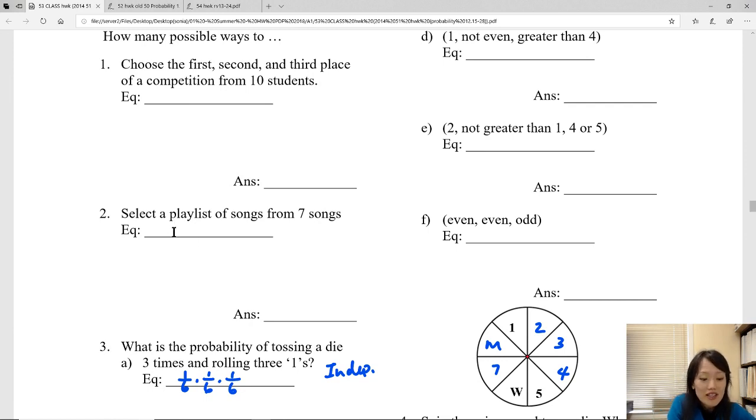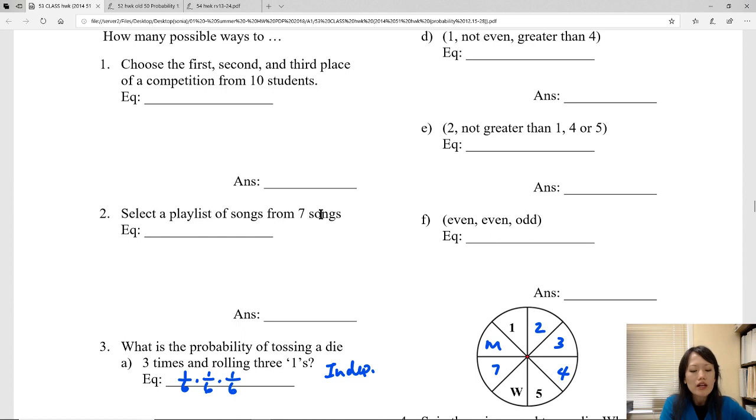Okay. Select a playlist of songs from 7. So what do we think about that? Let me think about this. What you could do, you could pick 1 song, pick 2 songs, pick 3 songs, or you could just pick all 7 songs.